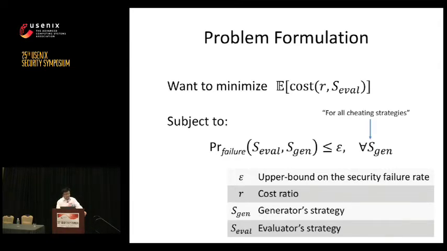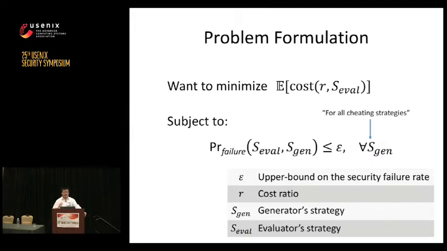Here, we use epsilon to denote the upper bound of the security failure probability, R to denote the cost ratio between checking and evaluation, and S_gen and S_eval to denote the generator's and the evaluator's strategy, respectively.